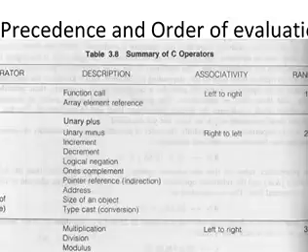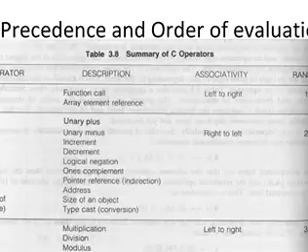So this is the precedence and order of evaluation. In the previous slide we discussed hierarchy, order of priority. So the expression is always evaluated from left to right only. See the example, it's very clear.